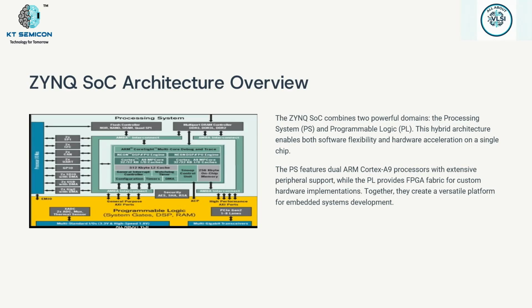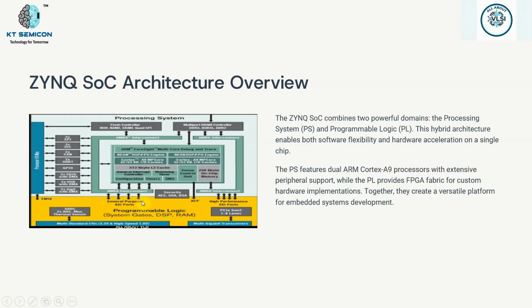This hybrid architecture enables both software flexibility and hardware acceleration on a single chip. The processing system features a dual ARM Cortex A9 processor with peripheral support, and the PL, the programmable logic, has FPGA fabric for custom hardware implementation.